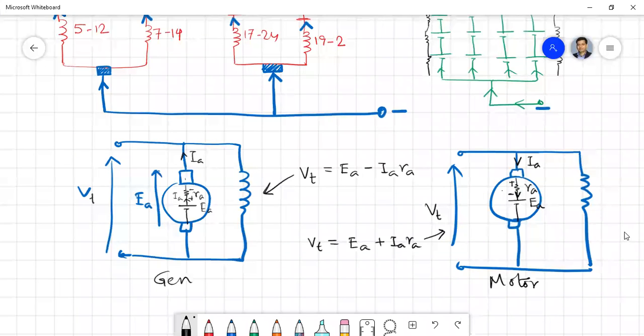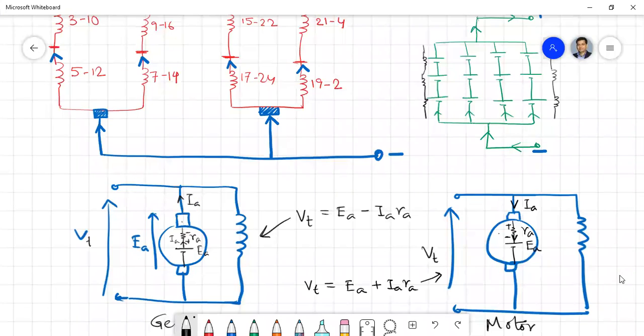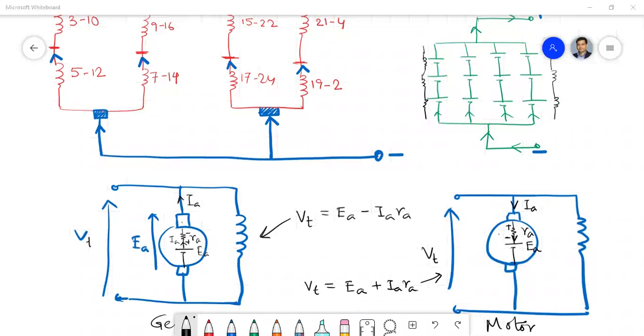Sir, that was what I was trying to tell you. You have shown the generator, but inside you have shown the motor. No, sir, I have shown both. But one at a time you can take. How can you take both?